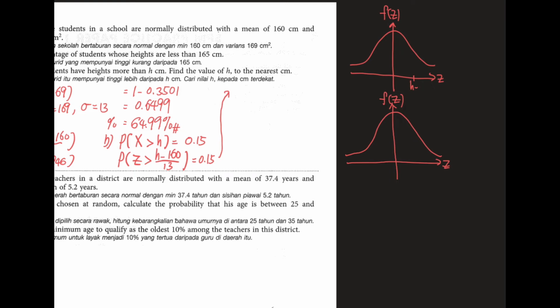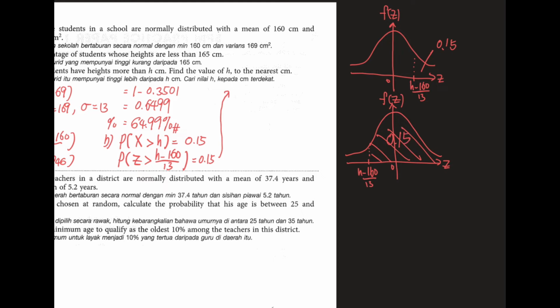If it is positive, then it will be somewhere on the right hand side of 0. 0 is here. If it's negative, then it's here, H minus 160 over 13. So which one is true? We just imagine it in this way: when Z is more than this Z-score, the probability is 0.15. Which means on the right hand side of that fraction, 0.15.